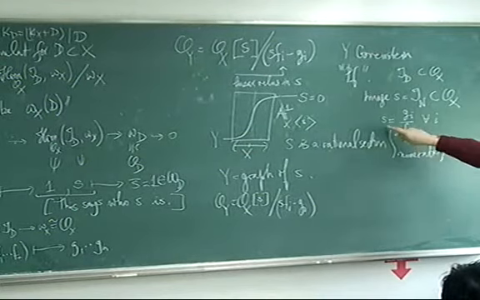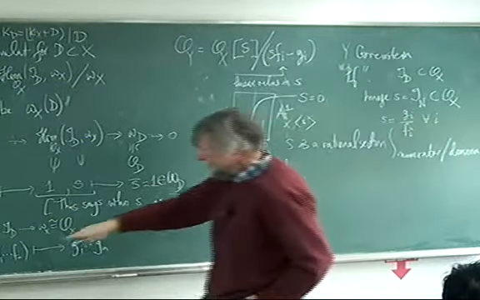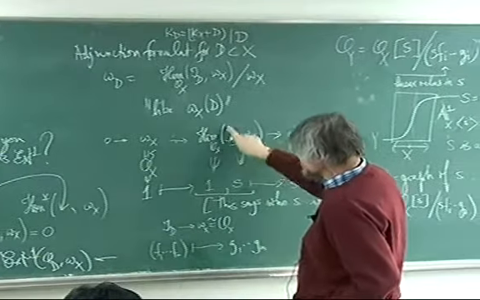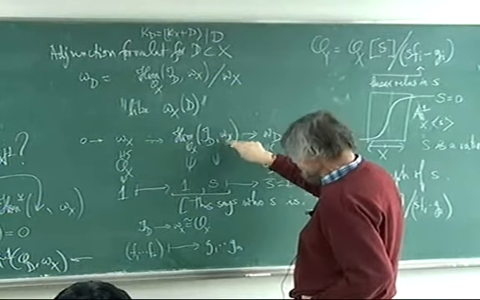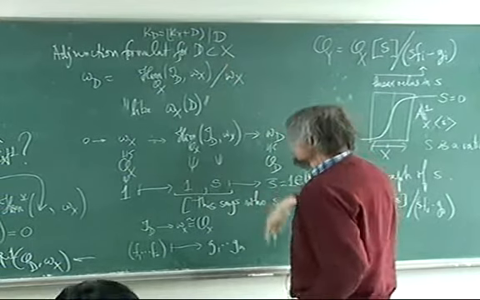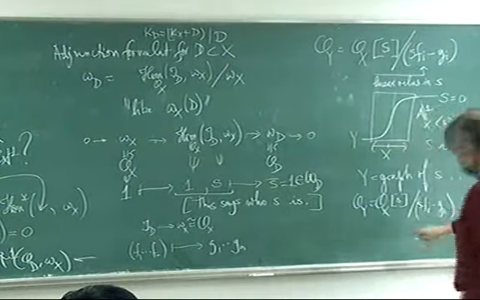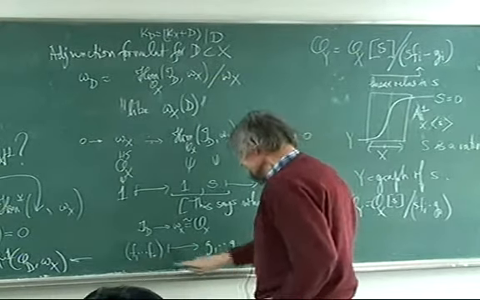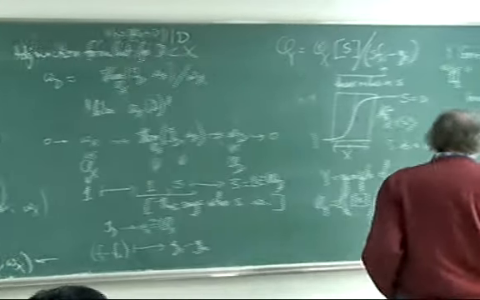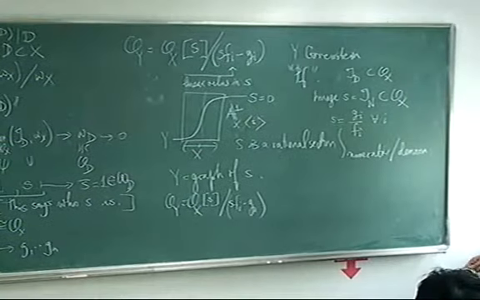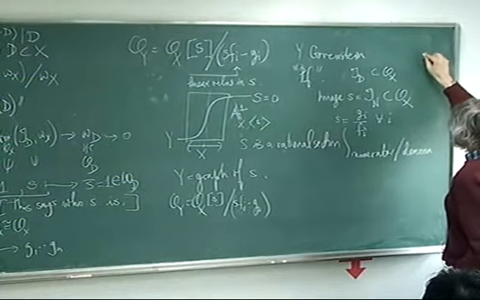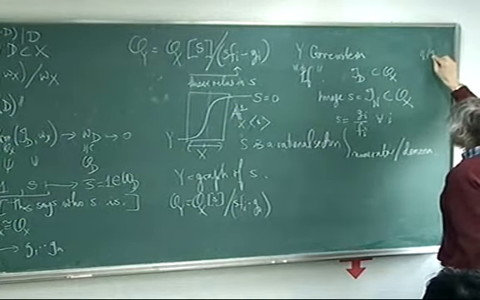The condition I'm making on S is that it multiplies elements in ID into omega X, and I'm identifying that with OX. So the Fi are the denominators of S, whereas the Gi are the numerators of S.